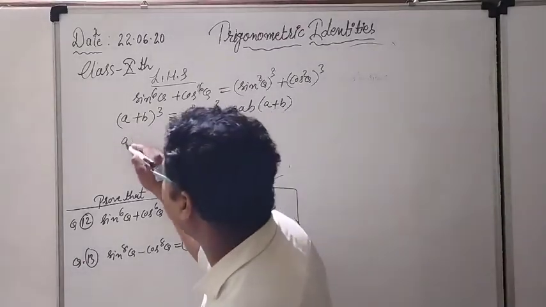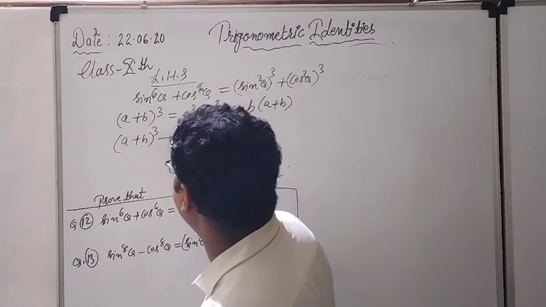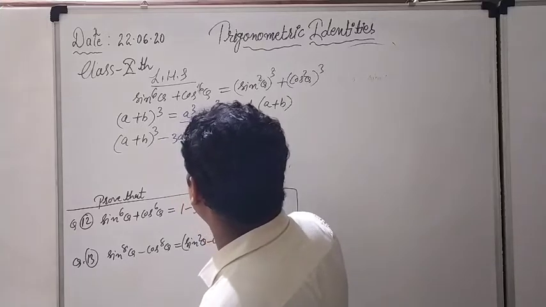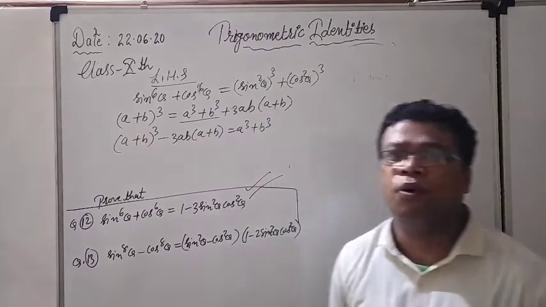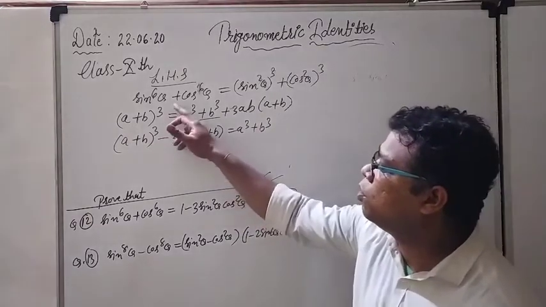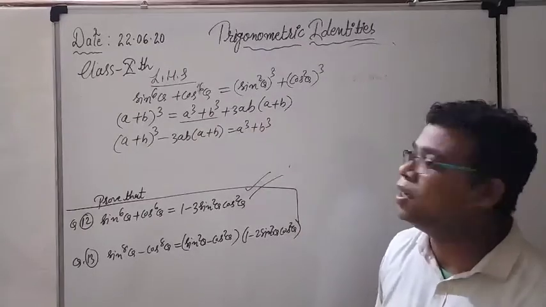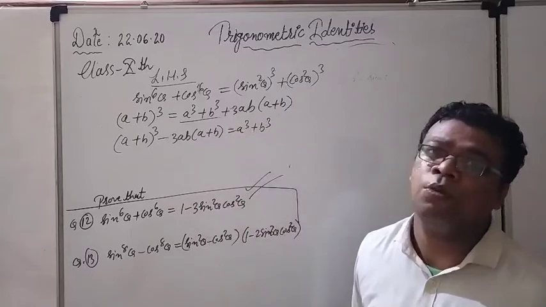So how to get it? A plus B power 3, this term I am transferring to the other side. So 3ab times A plus B goes across, and A cube plus B cube equals the rest. I want to explain: A plus B whole cube gives A cube plus B cube plus 3ab inside the bracket A plus B. By looking here, I can understand that this formula is going to work.